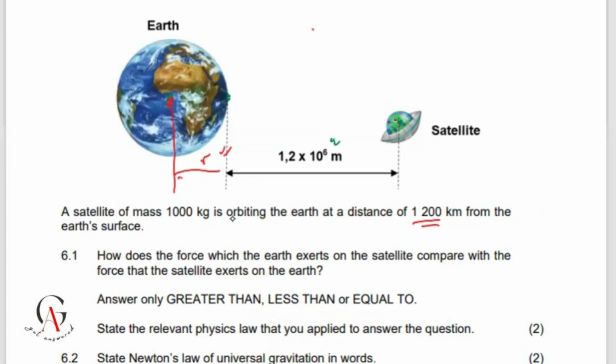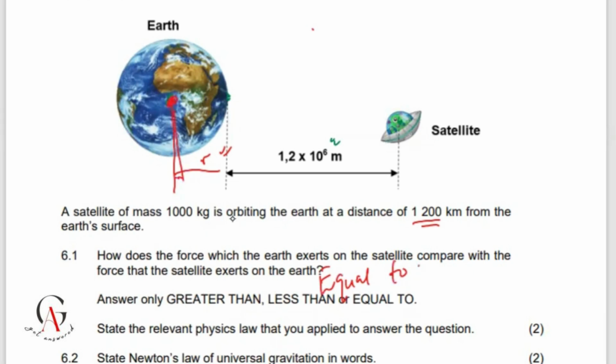So we know from Newton's third law and from Newton's universal gravitation that the force that will be exerted between the two will be the same. The only difference will be the direction. So here they're telling us that we must go for equal to. Answer only greater than, less than, or equal to. Just equal to.